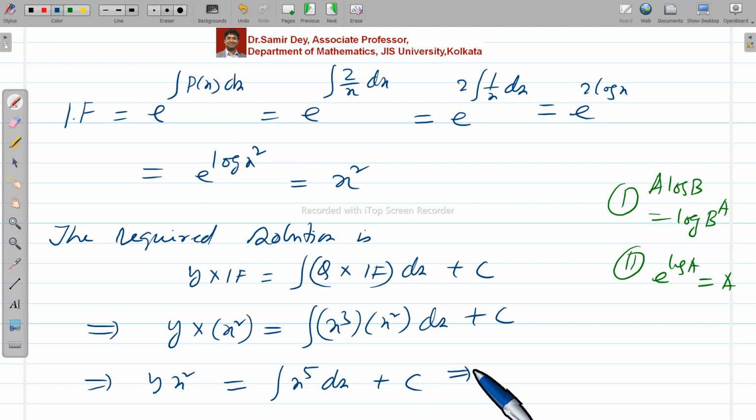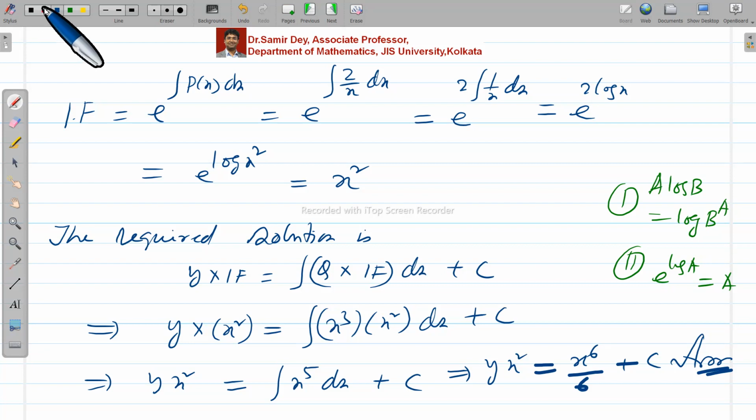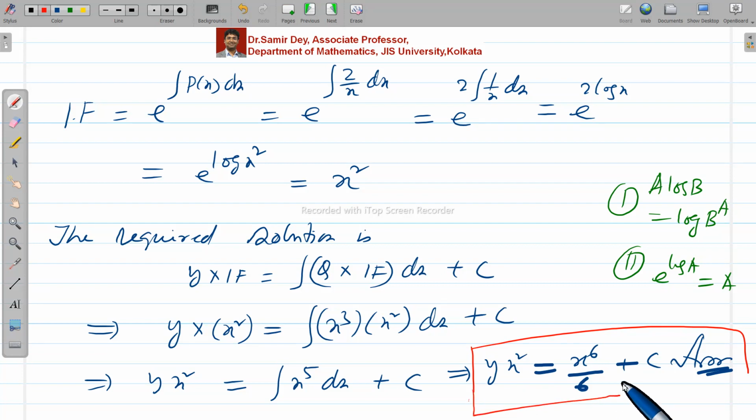So now what will be the result? Integration of x cube into x square. So already you know y x square is equal to x to the power 6 by 6 plus c. Please check. This is the solution of this linear equation. Please write down. Is it clear to all of you?